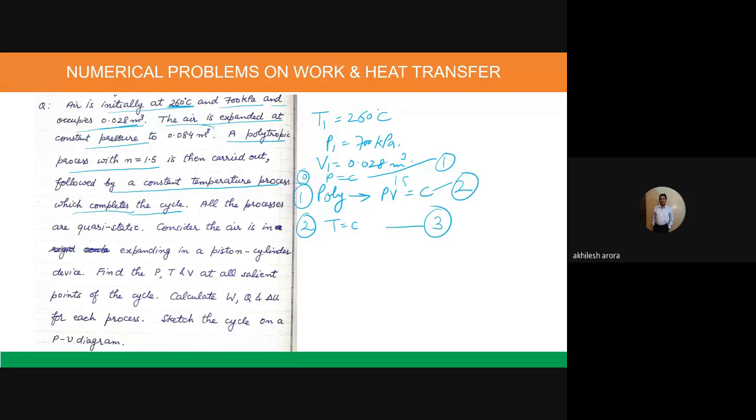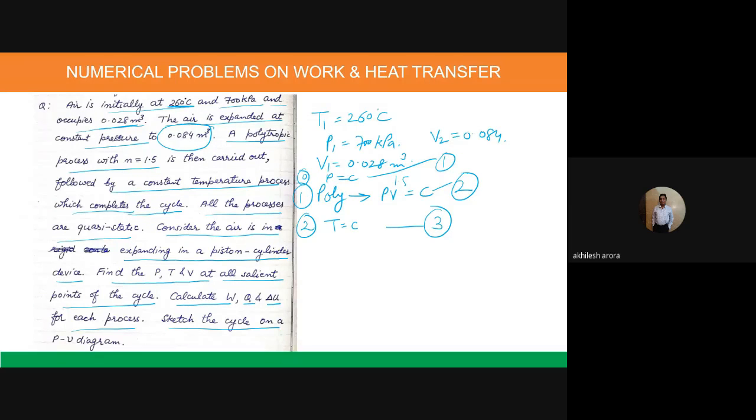And there is this value of volume also during the expansion, given as 0.084. All the processes are quasi-static. Consider the air is expanding in a cylinder piston device. Find the pressure, temperature and volume at all salient points of the cycle. Calculate W, Q, delta U for each process.